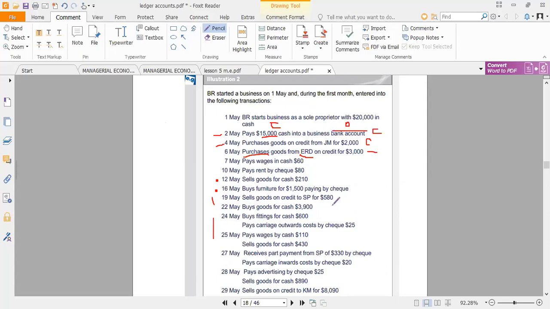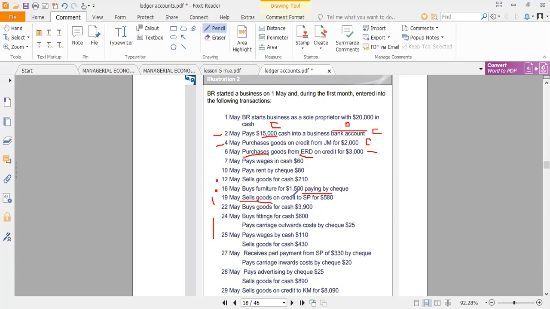Sales goods on credit to SP for 580. So we'll have a credit, SP. SP will be debited, and we're crediting the sales account. Good.